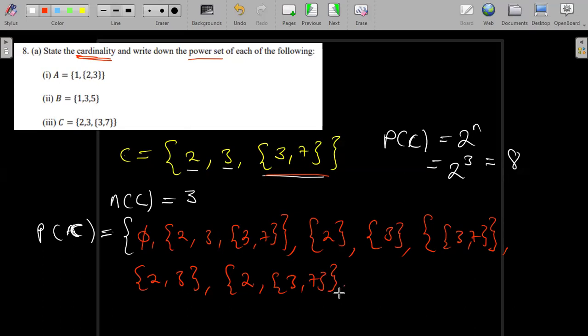Then I can have now where I list 3 and this one here. So the set containing 3 and this set here, which is 3, 7. Then I close the set and I close that set there.